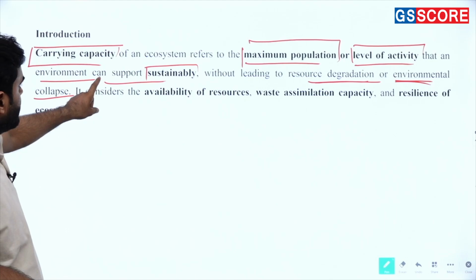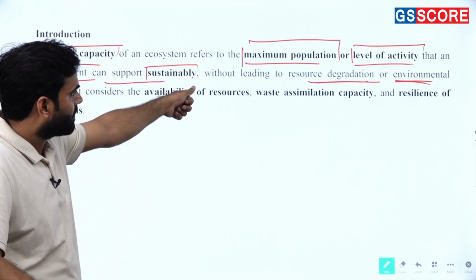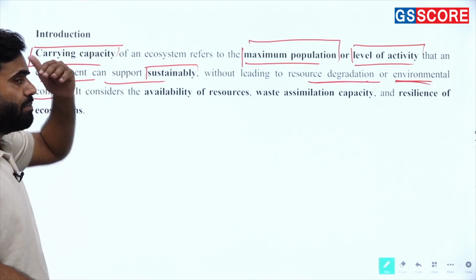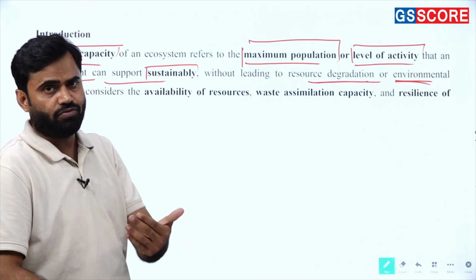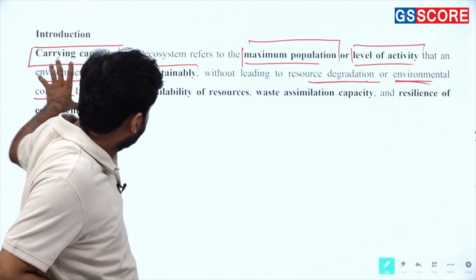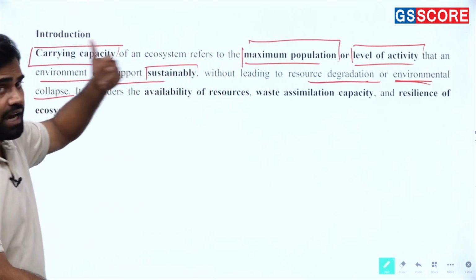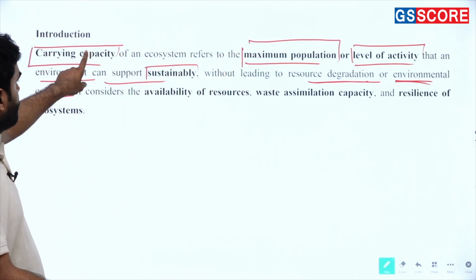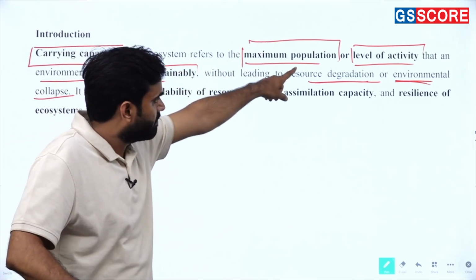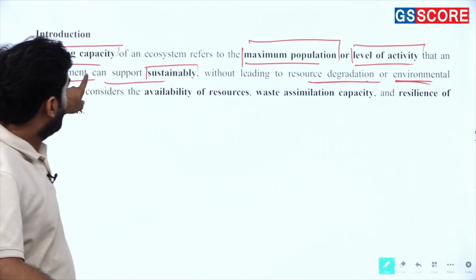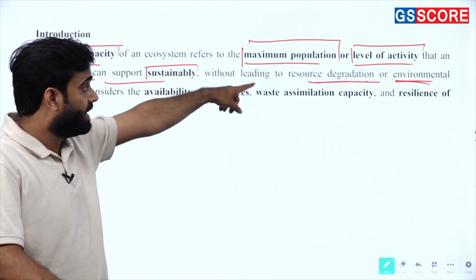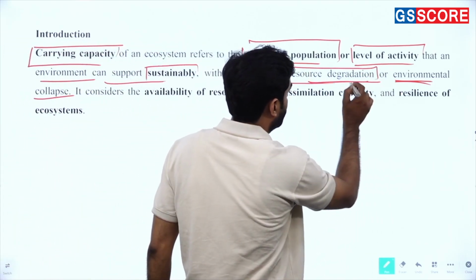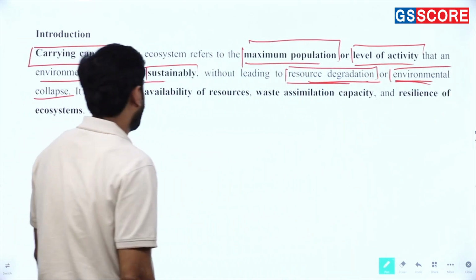You will find that I mentioned a comma. And this is the way I added the maximum words without a full stop, because I finished the important definition in almost 2 lines. You will find carrying capacity refers to maximum population, level of activity, and support sustainably without leading to resource degradation or environmental collapse.